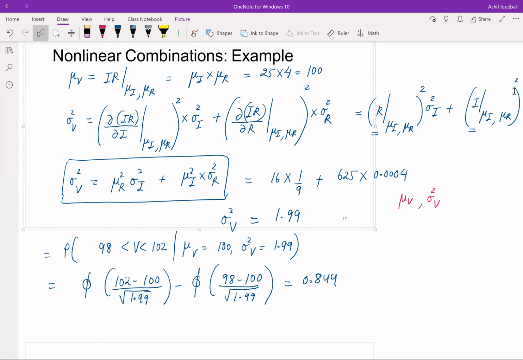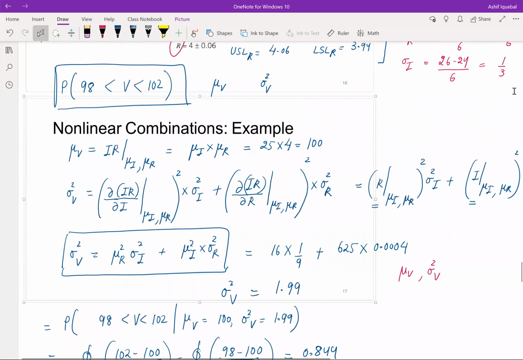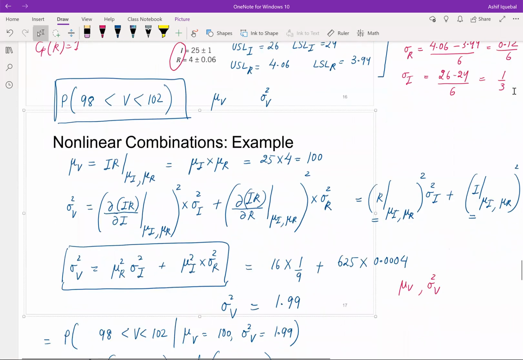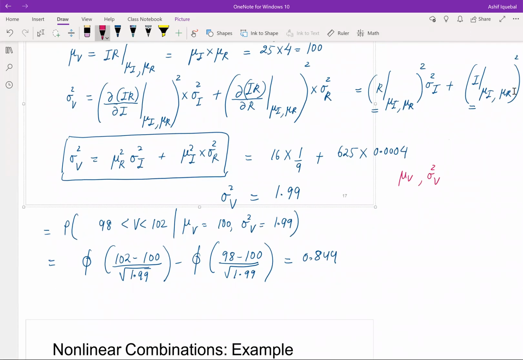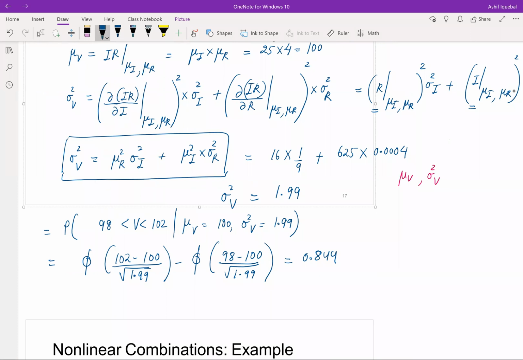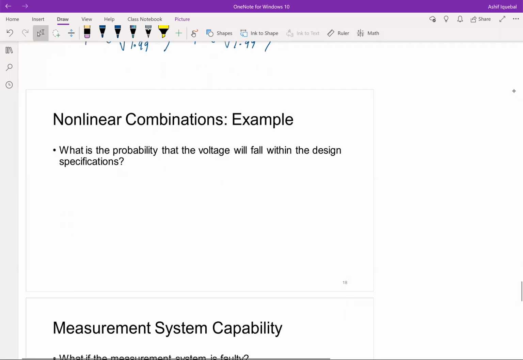Each of them is manufactured or controlled by a different process, so all of them will have different CP values. This is just a simple question. To simplify this, we have assumed that CP equals 1. Good question.